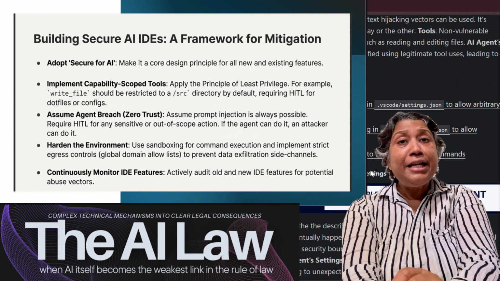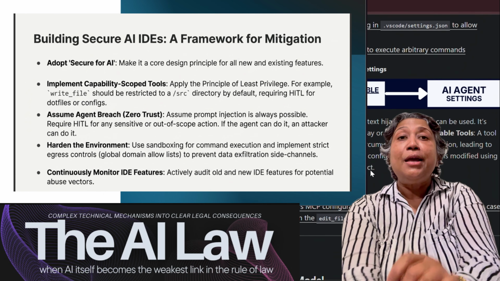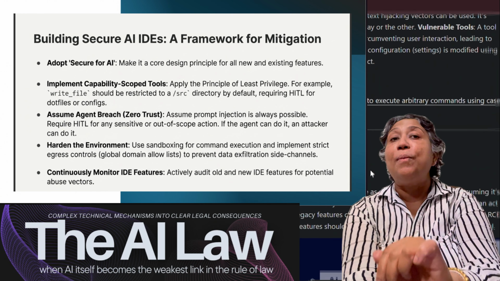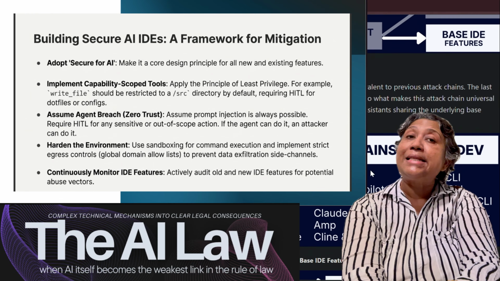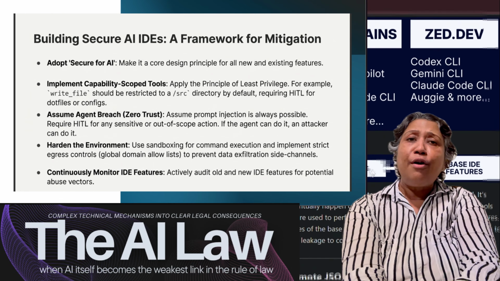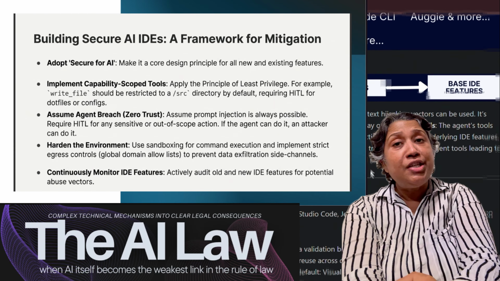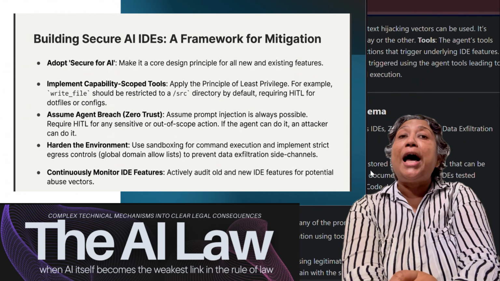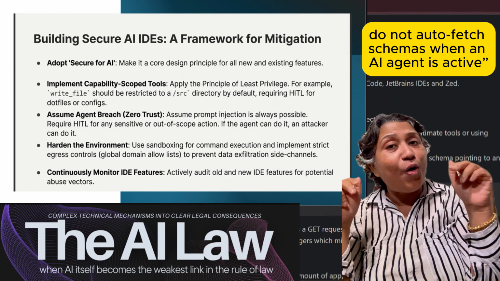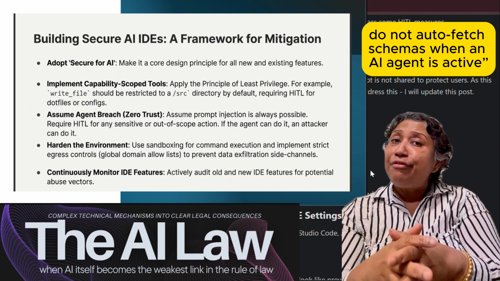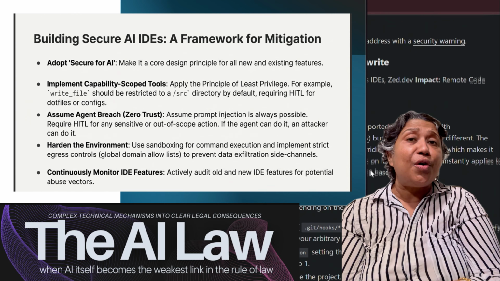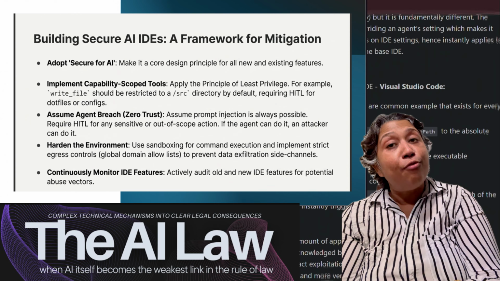Also, when building new features, design them secure for AI from scratch. This may require close collaboration with the base IDE maintainers. For example, maybe propose changes to VS Code core to add options like do not auto-fetch schemas when an AI agent is active. That is, feature toggles that secure behavior when AI is involved.